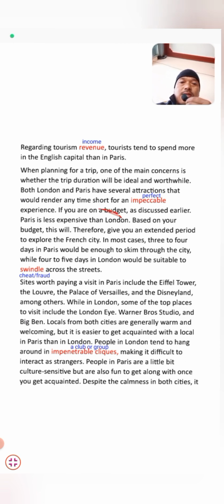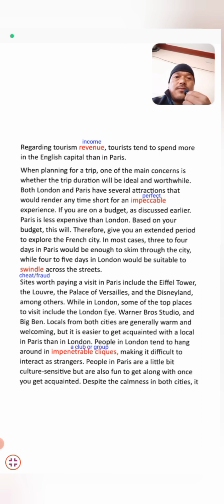If you are on a budget, as discussed earlier, Paris is less expensive than London. Based on your budget, this will give you an extended period to explore the French city.